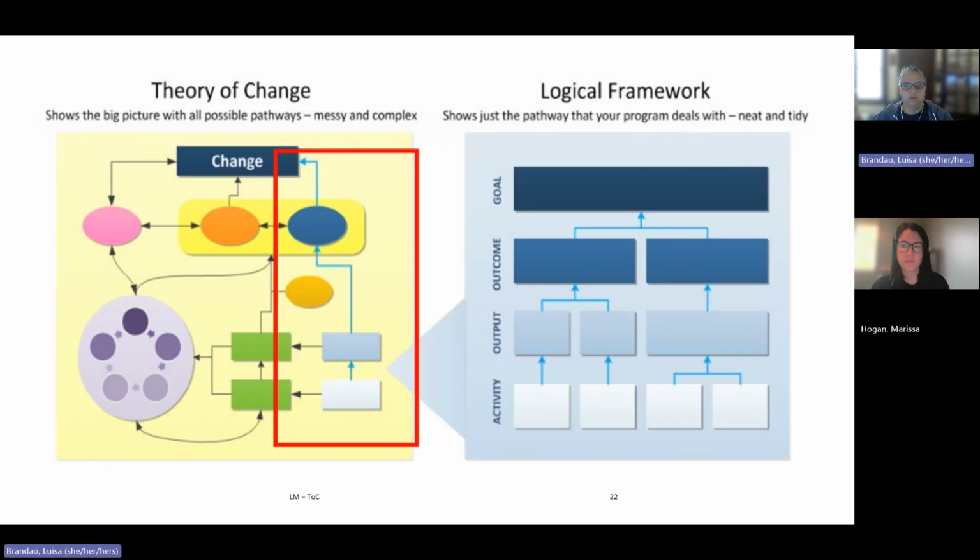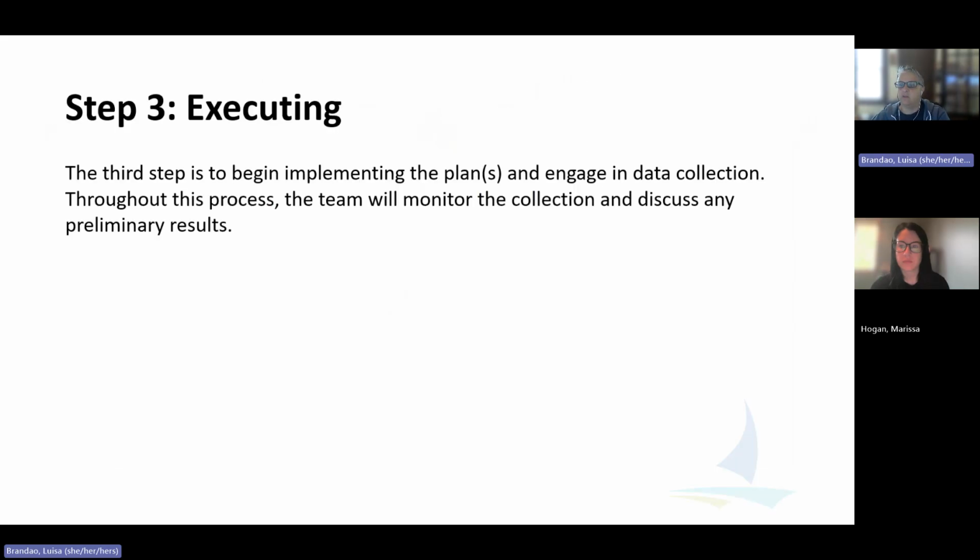So that's step 2. And after step 2, you should have a good idea of what your evaluation is going to look like, what data you're going to be collecting, what you are trying to measure. And so then step 3 is to actually start executing. You're executing your program, and at the same time, you're executing your evaluation plan.